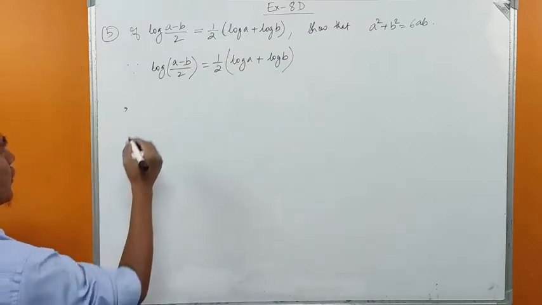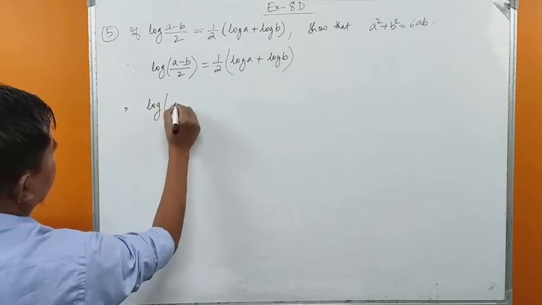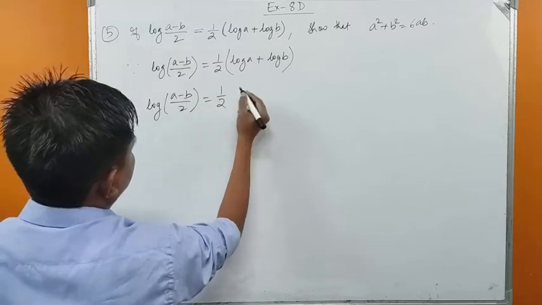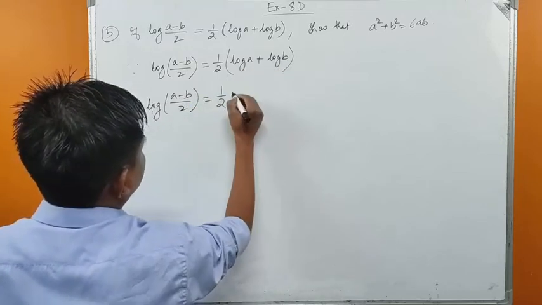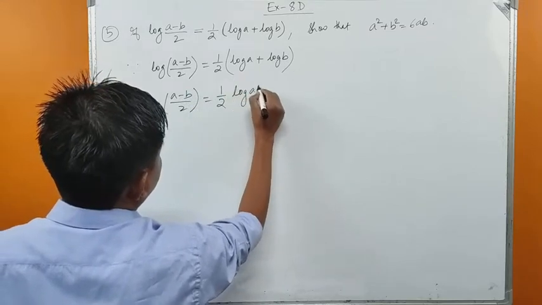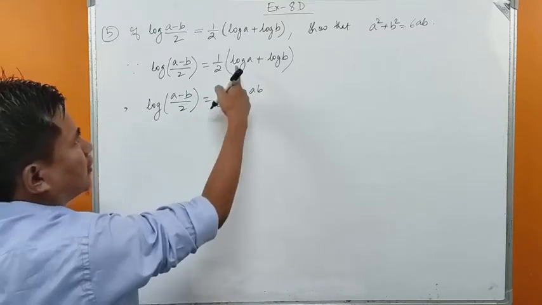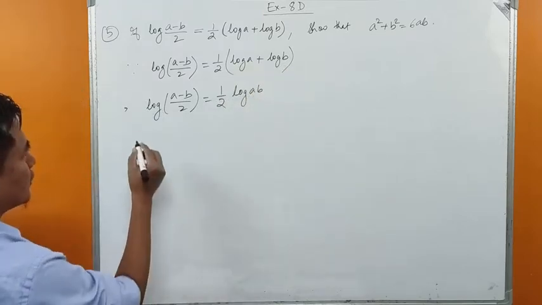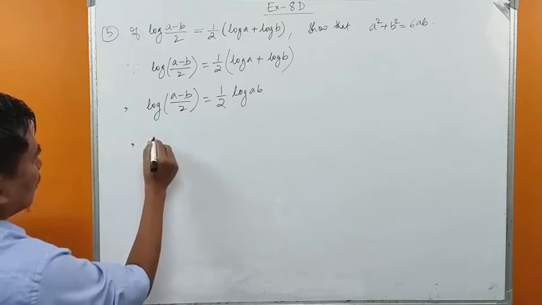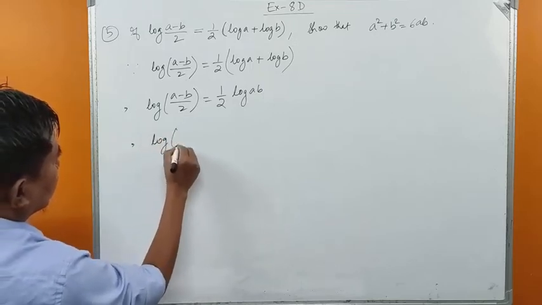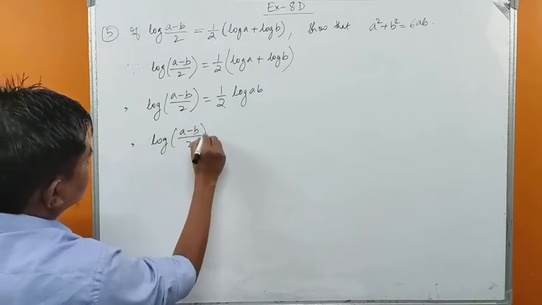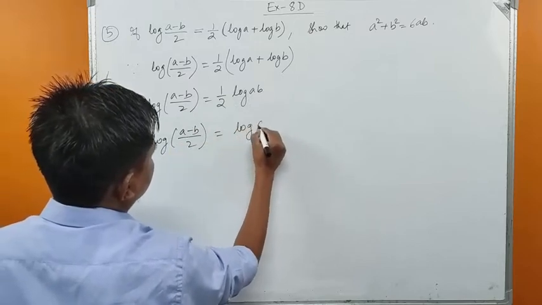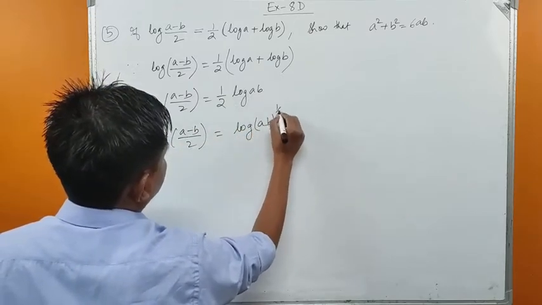Or what we can do is, log of (a minus b) upon 2 equals 1 upon 2 (log a plus log b). Log a plus log b means log a into b, ab, log ab, isn't it? So log of (a minus b) upon 2 equals, this 1 upon 2 we raise to the power, log ab to the power 1 upon 2.